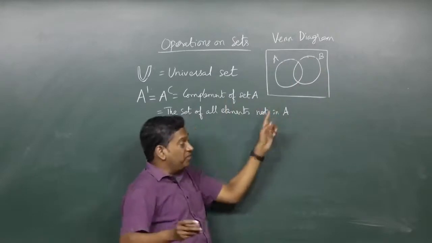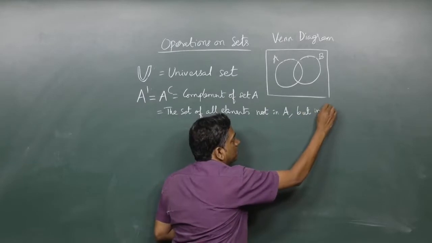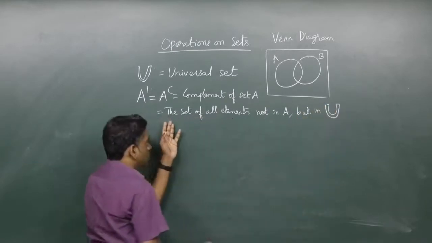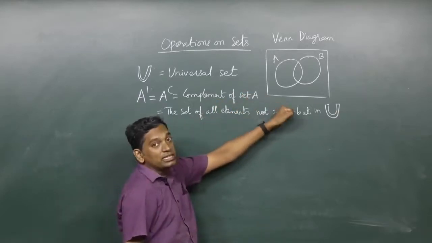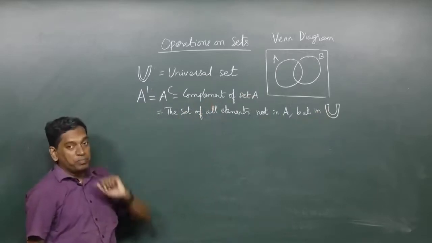Therefore, here what we mean is not in A, but in the universal set. Or we could also write the set of all the elements in the universal set which are not in A. Okay, so this is the definition of complement.